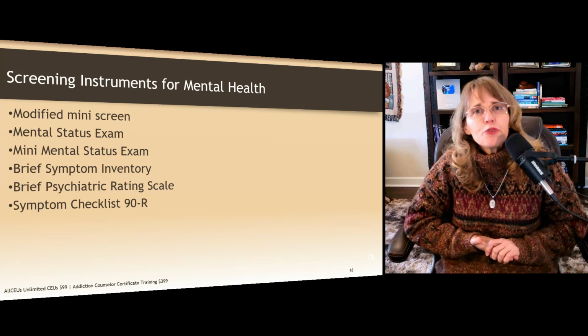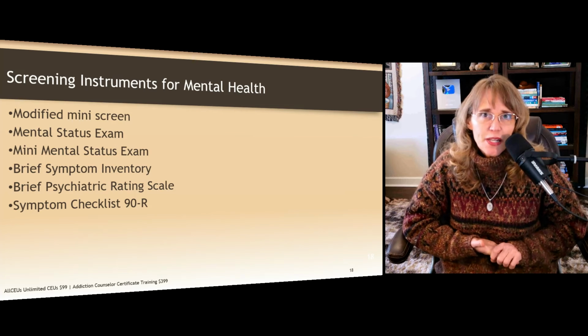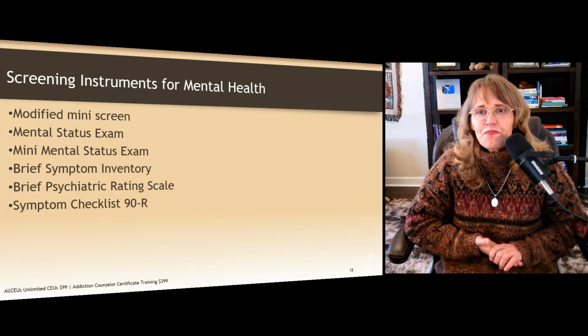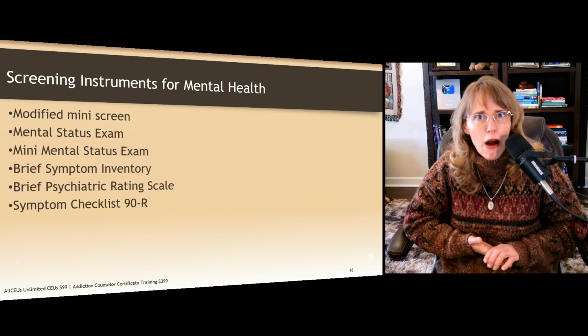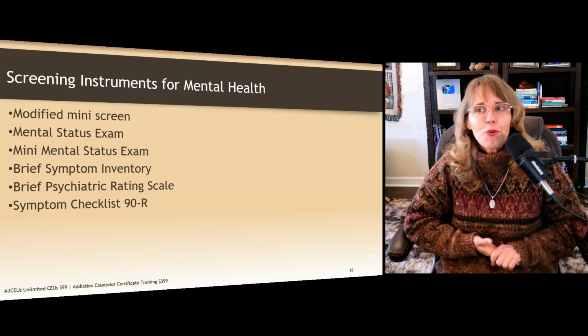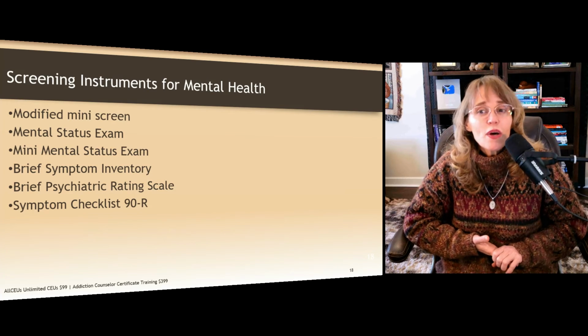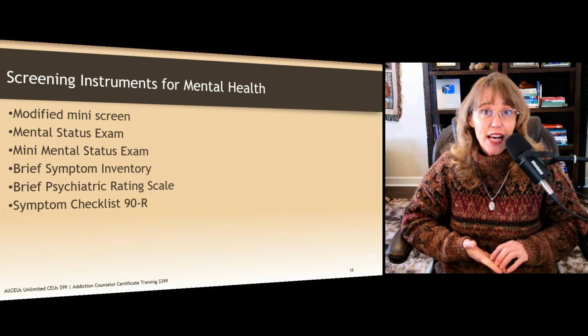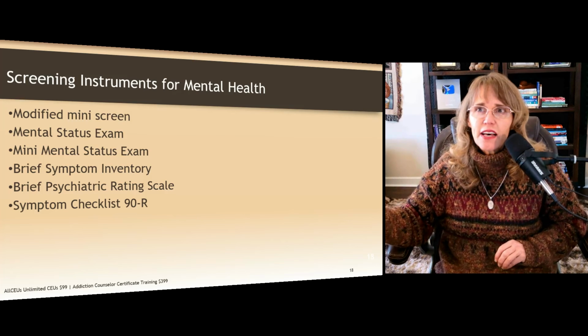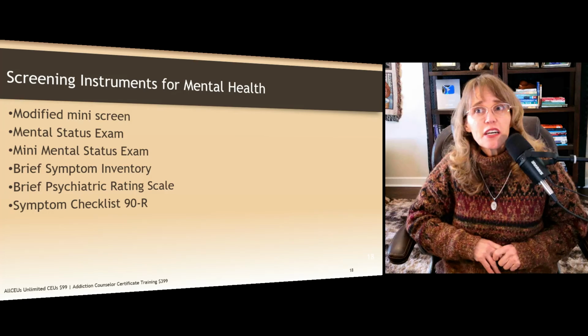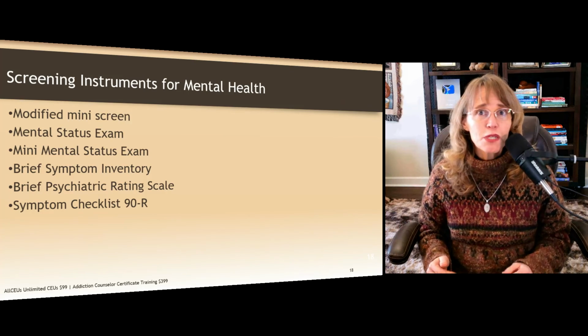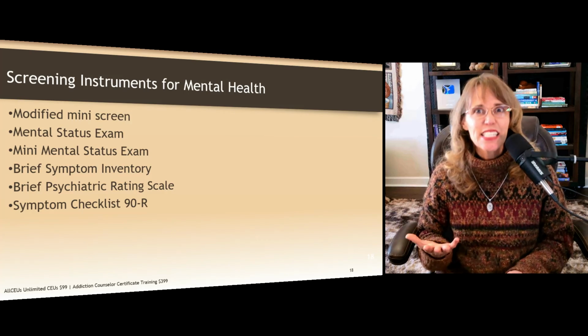It's important that you know the names of these screening instruments for your test. Will you actually see them in clinic? Probably not. But it is important to understand what they are and that they exist for your test. For screening for mental health, just like screening for substance use, you can go to the DSM-5-TR and look at the symptoms, look at the criteria, and ask them the questions.